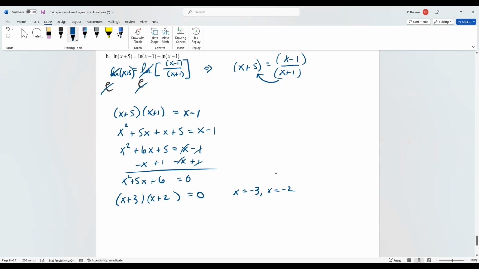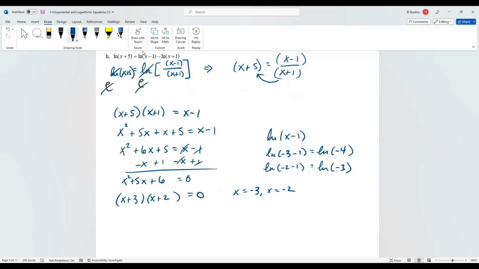And ironically for this one, because these are both negative, if you look at the second logarithm, natural log of x minus 1, plugging a negative into there, whether it be -3 or plugging in the -2, results in a log of a negative number.